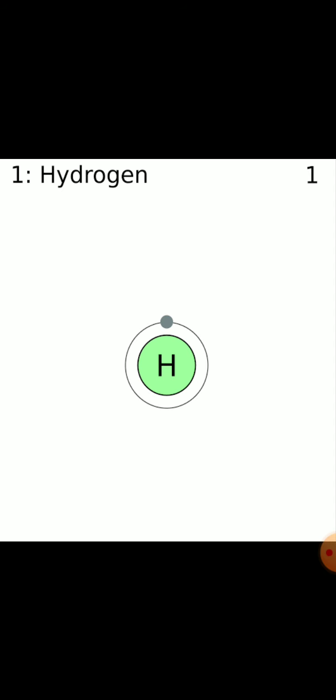That is why it can be placed in group number 17 also. So these are the reasons for the position of hydrogen, that it can be placed in group 1 or in group 17.